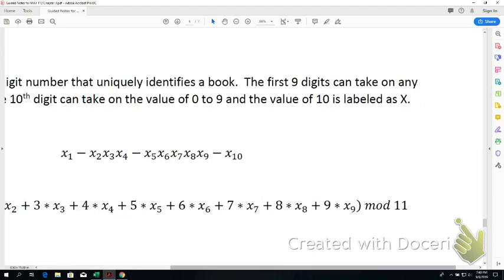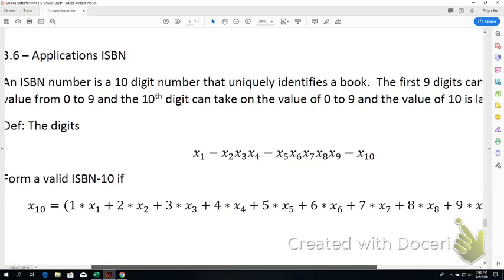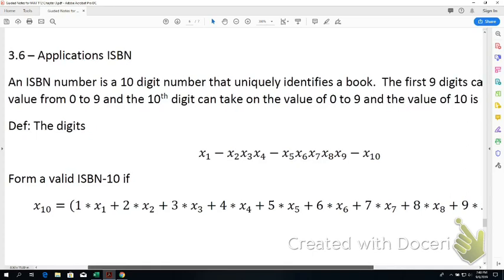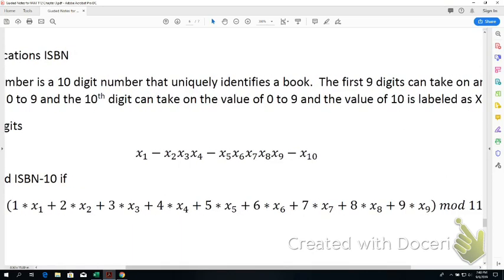To figure out if these digits form a valid ISBN, the 10th digit would equal this equation here, which is 1 times the first digit, plus 2 times the second digit, plus 3 times the third digit, plus 4 times the fourth, plus 5 times the fifth, plus 6 times the sixth, plus 7 times the seventh, plus 8 times the eighth, plus 9 times the ninth digit, mod 11.